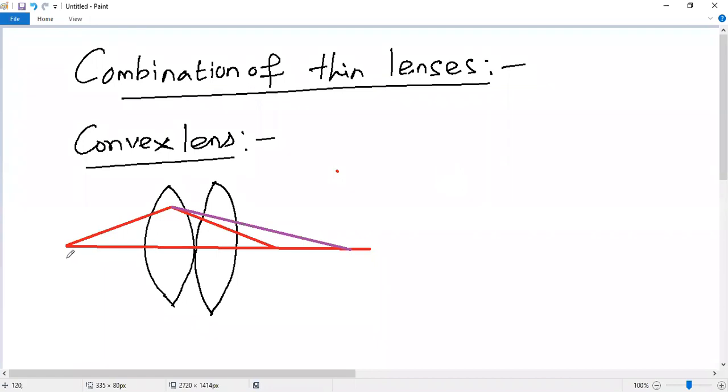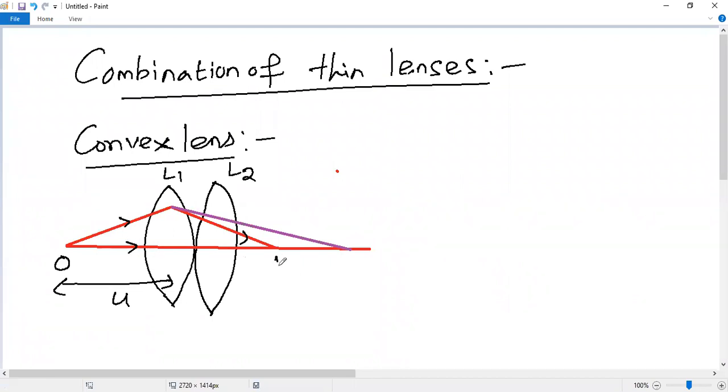So this is the object position O. The distance from the object to the lens, at the optical center, is U. This is lens 1, this is lens 2. Very important, the arrow mark is the direction.